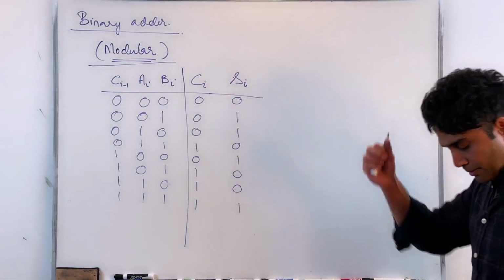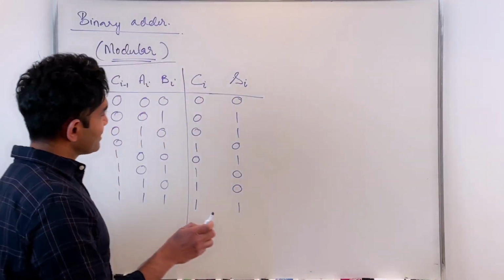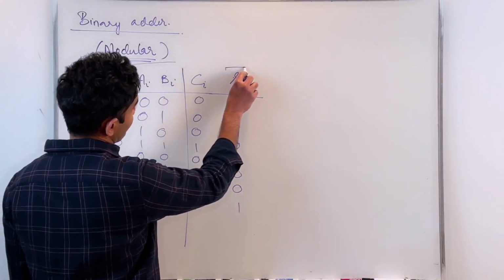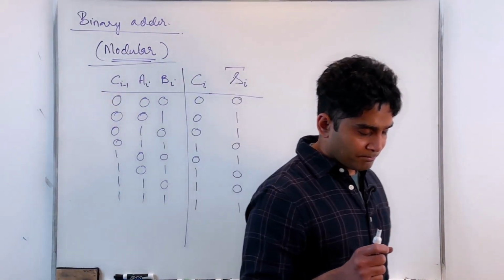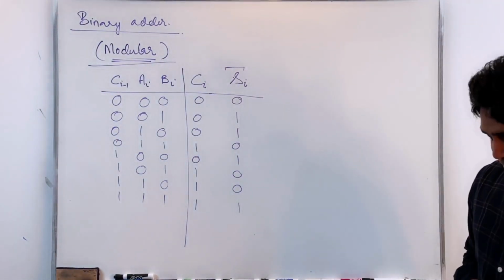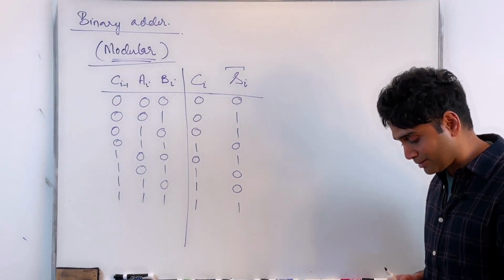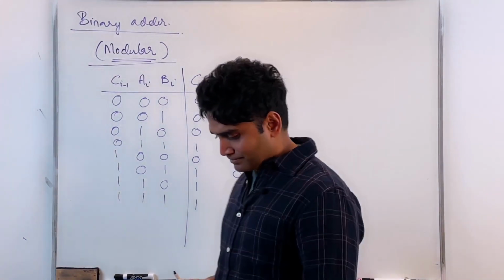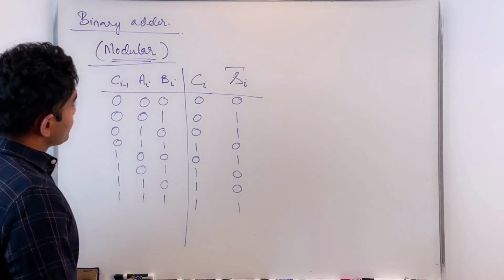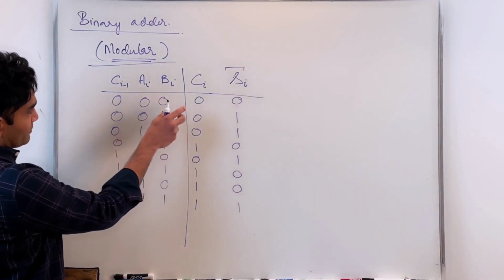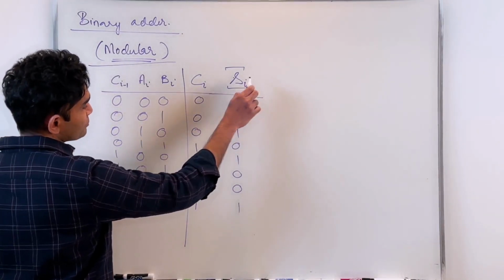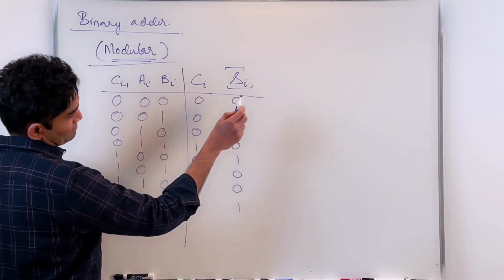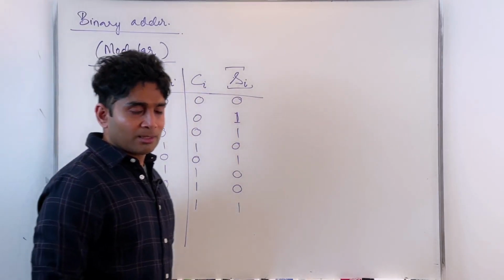Okay. Now, if you think about this Si and relate it to the problem that we have just done, what is the problem that we have just done? The parity bit, right? You can see if the number of ones is odd, my Si is a 1. Do you observe that?